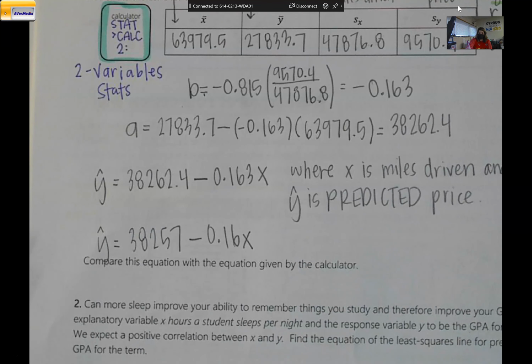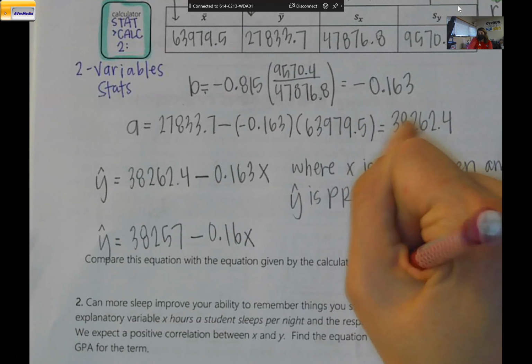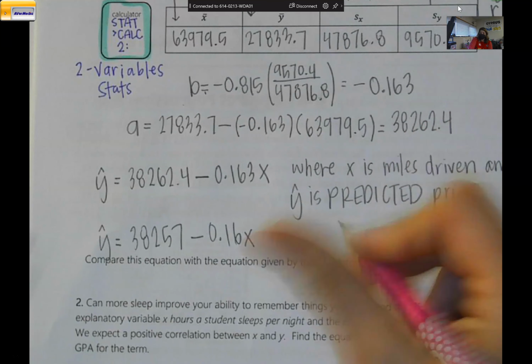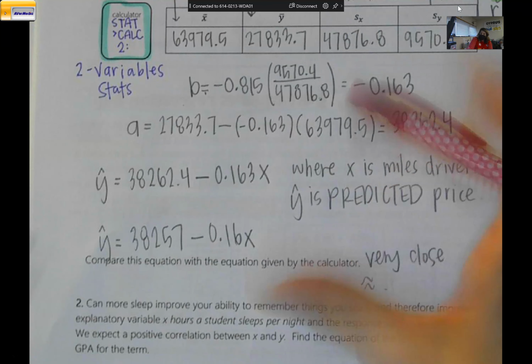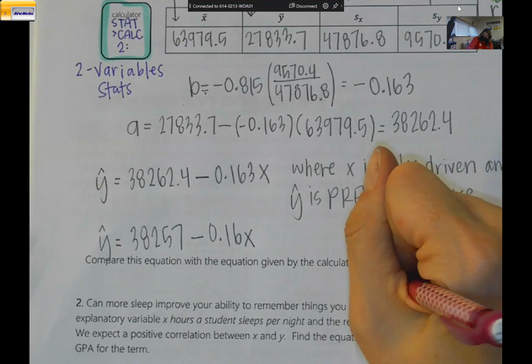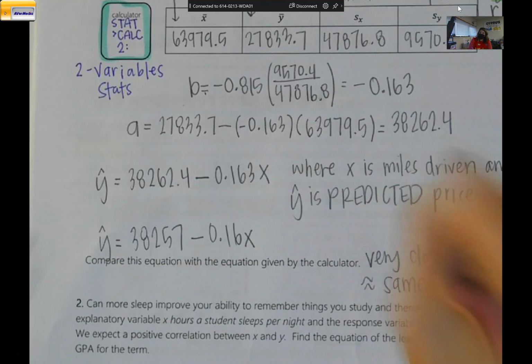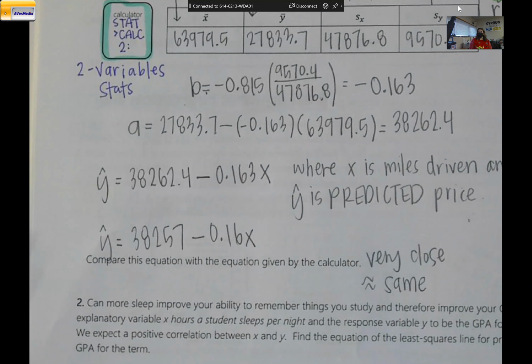Yes. We're very close. They're about the same. Our slopes are the same. Our y-intercepts are off by $5. And when we're talking about $38,000, $5 is negligible. That's a very small amount to be off by.